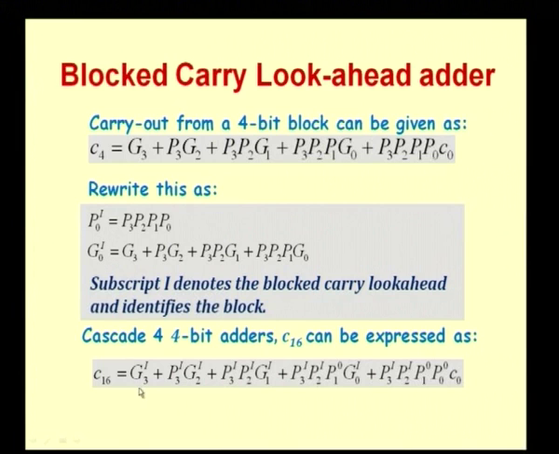So it will be G3I, remember that the I superscript is there to indicate that it is for a block's generate function. G3I plus P3I G2I plus P3I P2I G1I plus P3I P2I P1I G0I plus P3I P2I P1I P0I and then C0. So this is the final function that we have for C16.